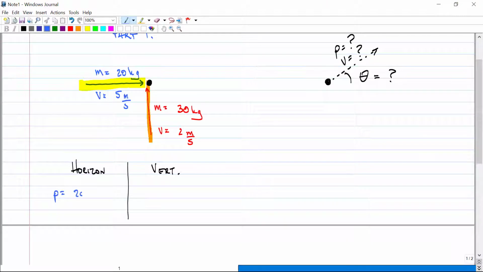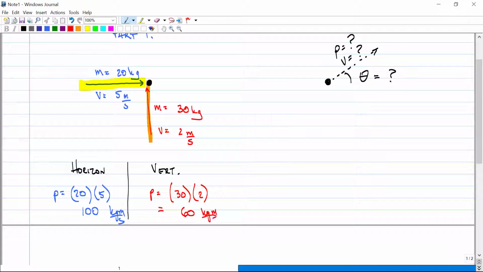So horizontally, we've got a 20 kilogram mass multiplied by a velocity of 5, which gives you 100 kilogram meters per second. The red object has a mass of 30 kilograms multiplied by 2, which gives you a momentum of 60 kilogram meters per second. Now again, the momentum before and the momentum after have to be the same, but you look at the horizontal separate from the vertical.